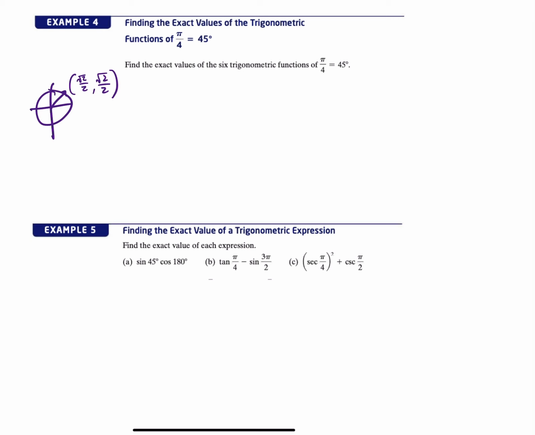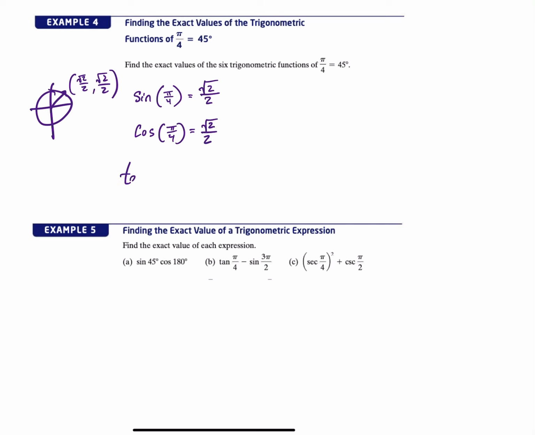So we can just start listing these out. Notice the sine and the cosine will be equal for this angle. So the sine of theta, you can say the sine of pi over 4, is root 2 over 2. Similarly, the cosine of pi over 4 is root 2 over 2.